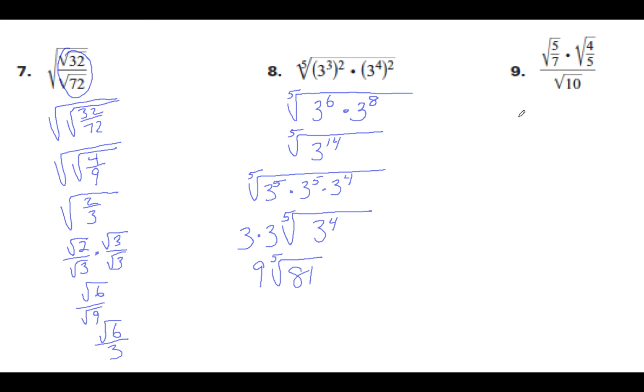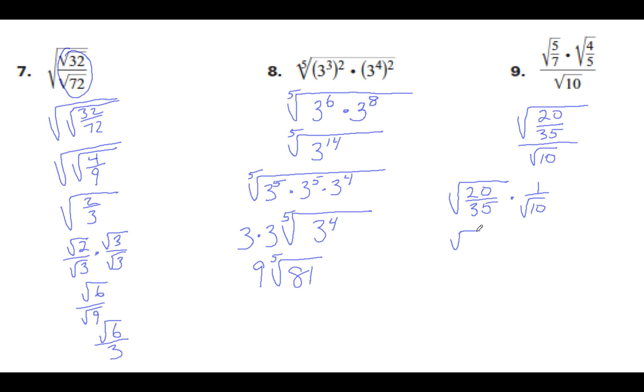All right, so we're going to go up here, and we're going to say square root of 5/7 times the square root of 4/5. That's going to become the square root of 20 over 35 divided by square root of 10. Dividing by a number is the same as multiplying by the reciprocal. So this becomes square root of 20 over the square root of 35 times 1 over the square root of 10.